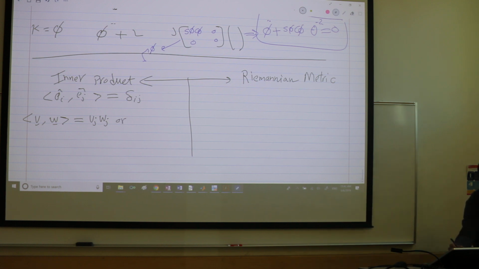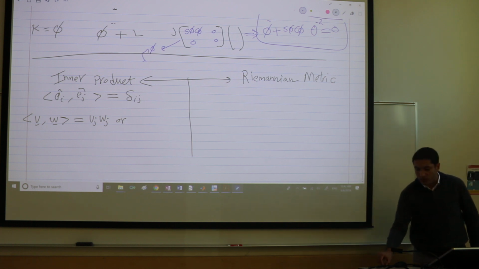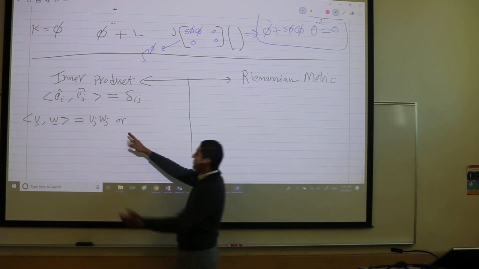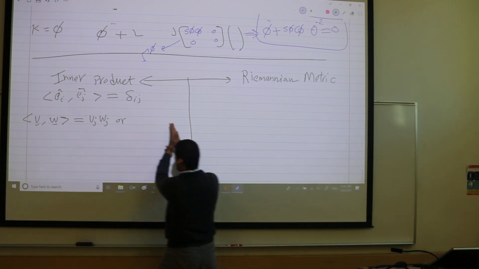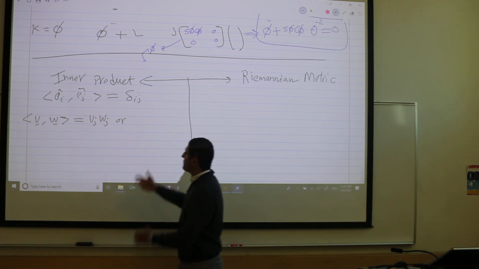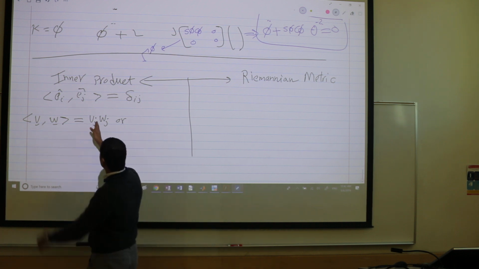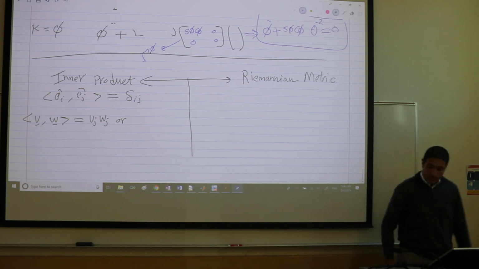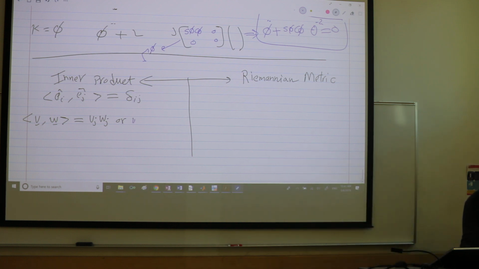Or actually, I can do it with respect to a matrix. Maybe I'm not fair to treat all the coordinates equally. Like here, what do you mean by V_j W_j? I'm multiplying the x components, y components, z components. Maybe I favor the x components more, so whenever I multiply the x components, I'll multiply by 4. So I'm doing it with respect to a matrix A. So this will be A_ij V_i W_j.